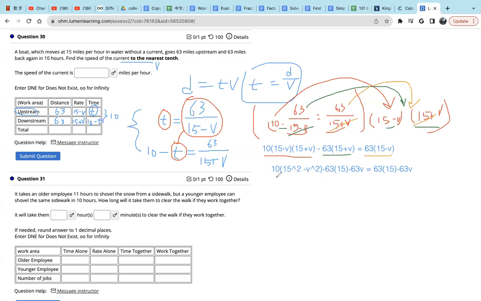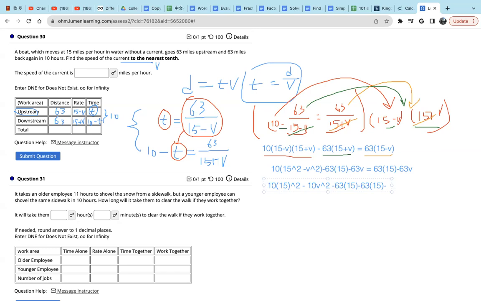Well, let's just multiply again one more time. So I have 10 times 15 squared. We just have to deal with this big number. Minus 10V squared. Minus 63 times 15. Then again, I'm moving 63 times 15 from the right-hand side to here, so minus another 63 times 15.